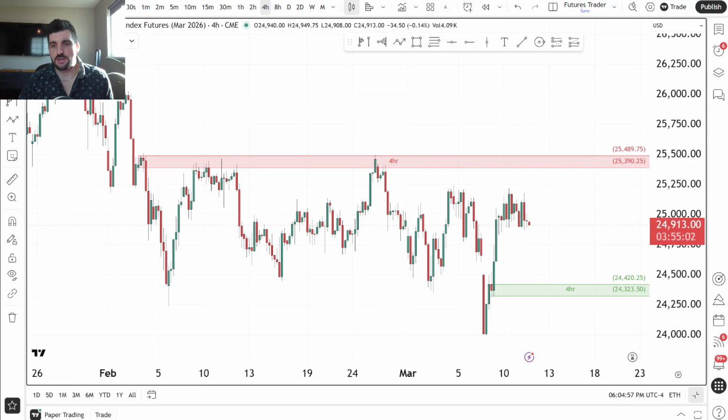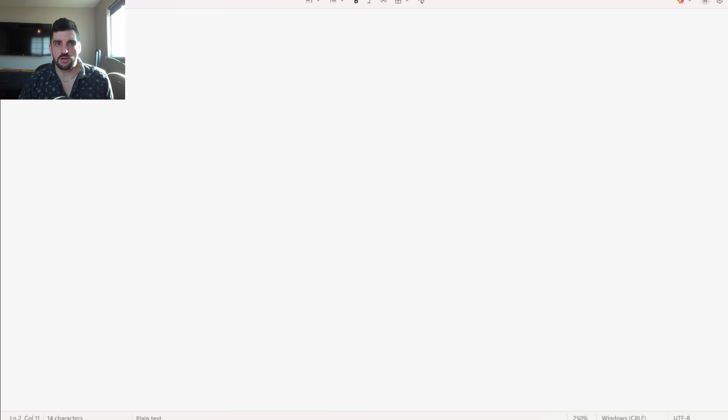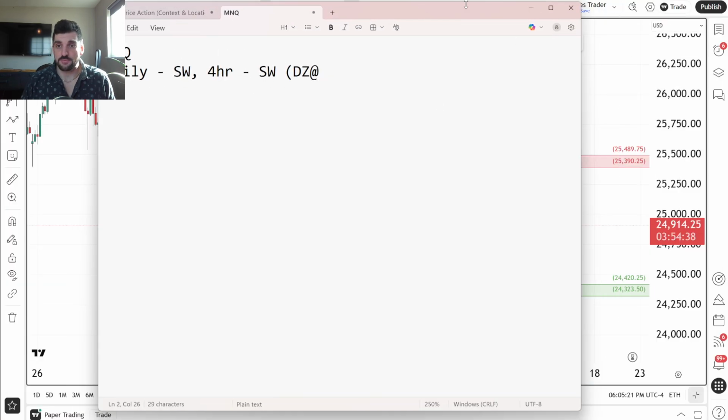Not too much else to do on here, but what I would want to do here is make notes, all right? So I say daily sideways, I got the 4-hour sideways, and then you could put in the major levels of supply and demand. So you got your demand zone at, and we'll have to check on those price levels here.